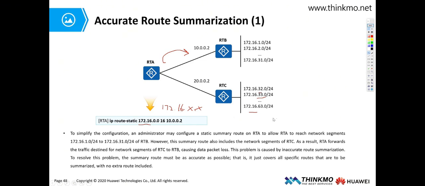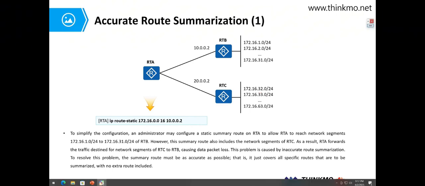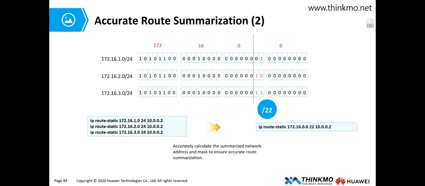To solve this problem, our route entries for summarization must be precise, meaning they should only cover all the specific routes that need to be summarized without including additional routes. For example, if in the future we want to summarize 172.16.0.0, 1.0, 2.0, and 3.0, we convert them into binary and then compare from left to right.